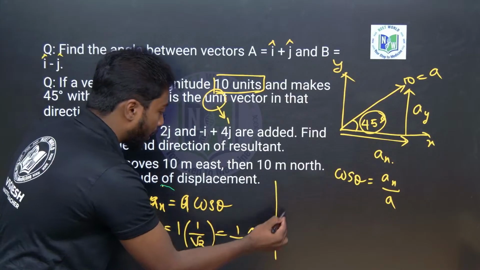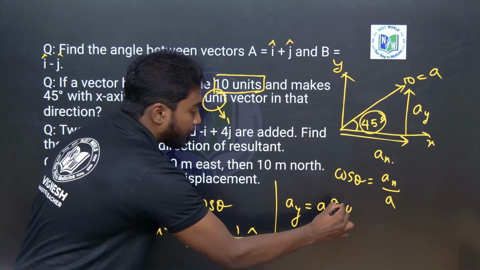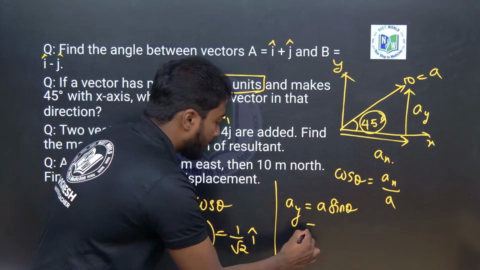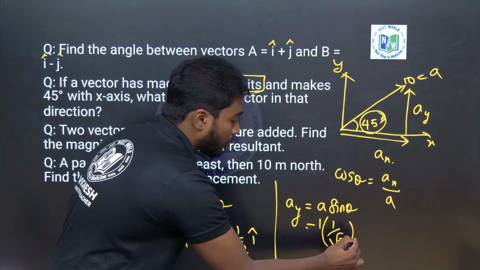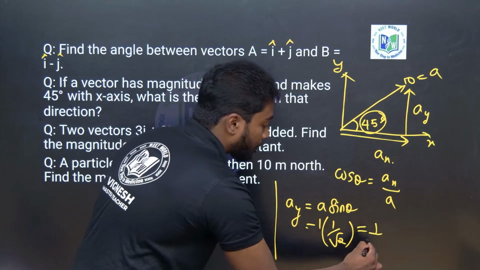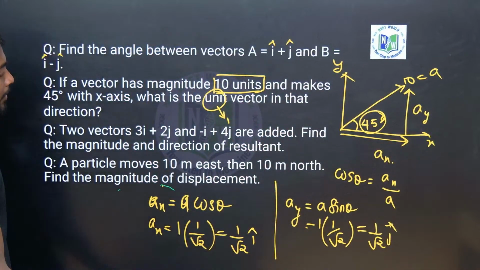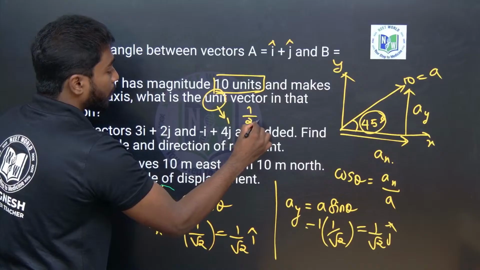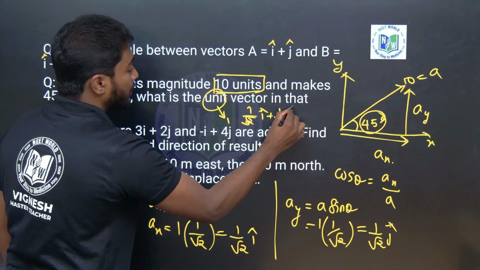Similarly ay equals A sin theta, where A is 1 and sin 45 is 1 by root 2. So the value is 1 by root 2 j cap. The final answer will be 1 by root 2 i cap plus 1 by root 2 j cap.